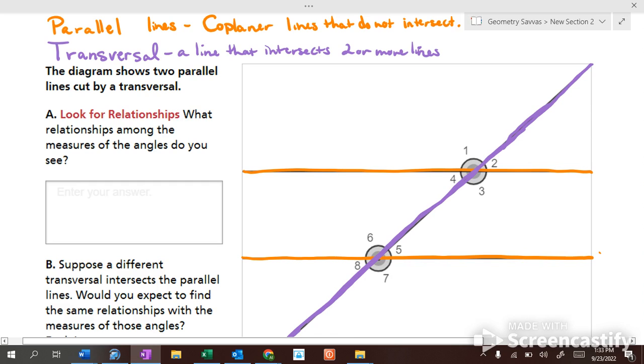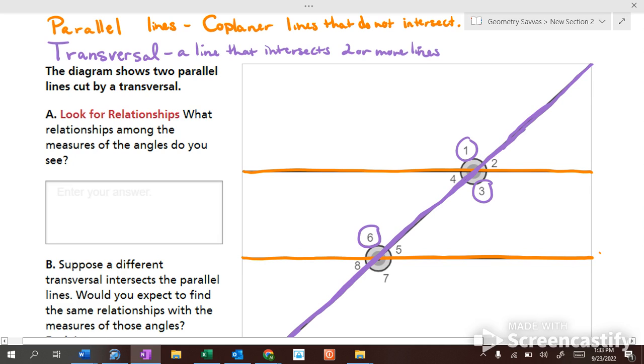Okay? All right. So, looking at angle 1. How do you think in this picture it compares to angle 6? They look like they're approximately the same. Abby says the same, and she is correct. What about angle 3?